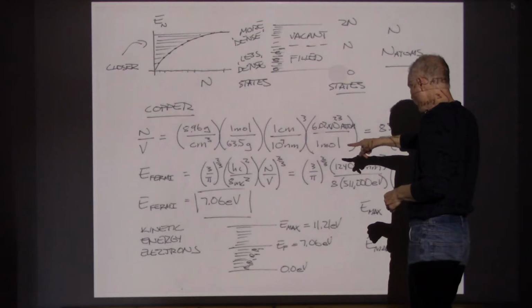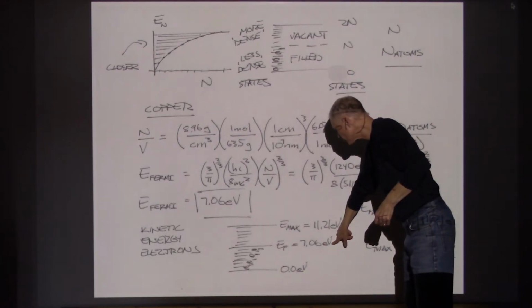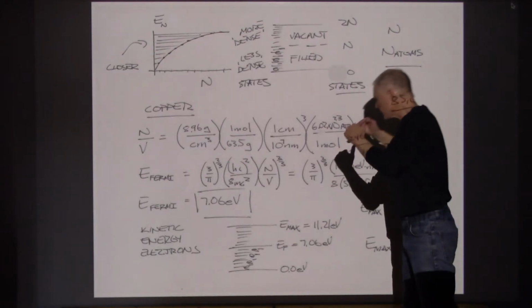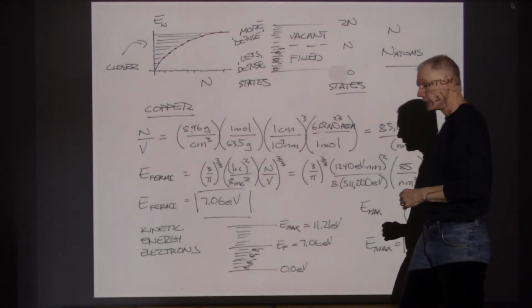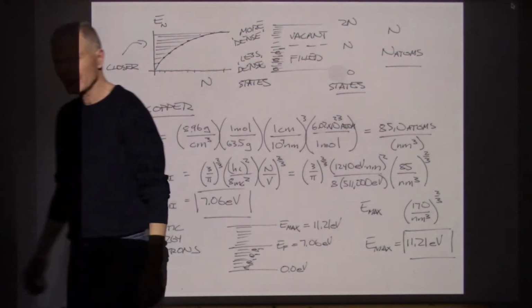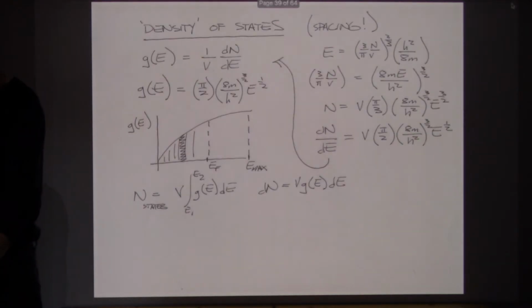Using this formula we've shown that the Fermi energy comes in at 7.06, and the energy at the top of the band is at 11.21 eV. Okay, and that's kind of extreme. I think there are some homework problems possibly where you are calculating a Fermi energy.